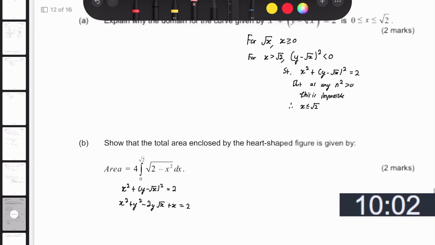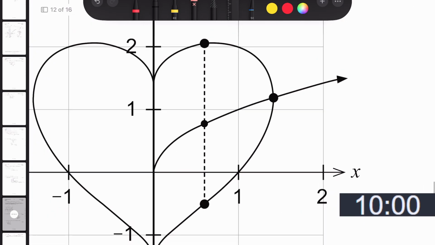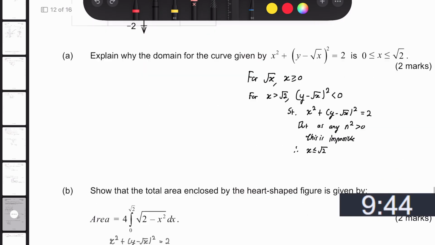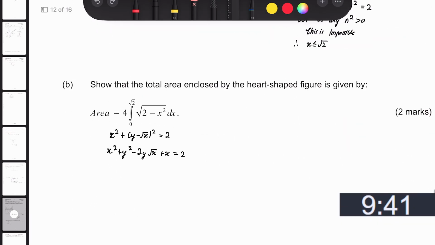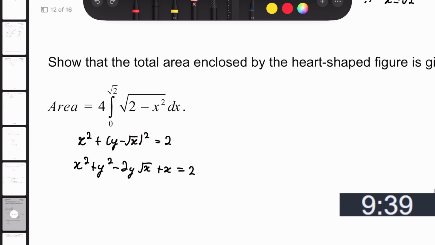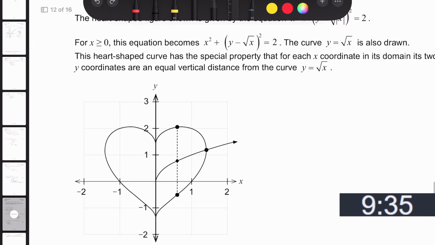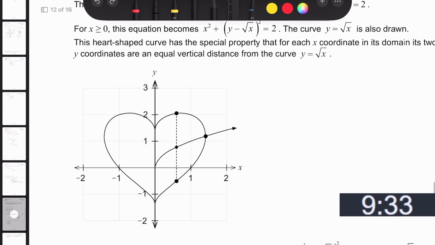0 to square root of 2. It has something to do with the y equals square root of x thing.